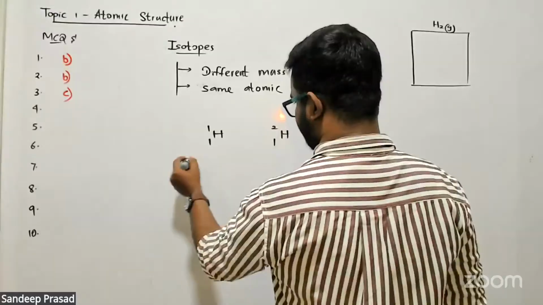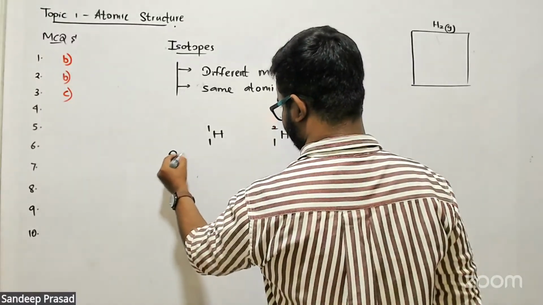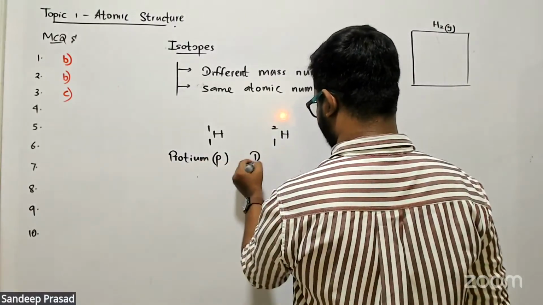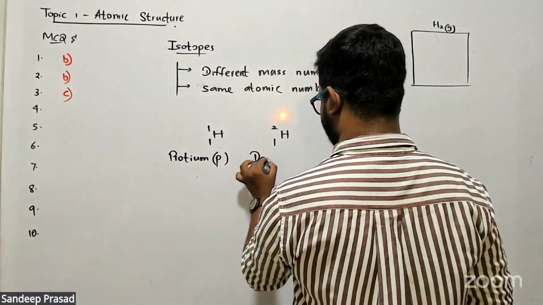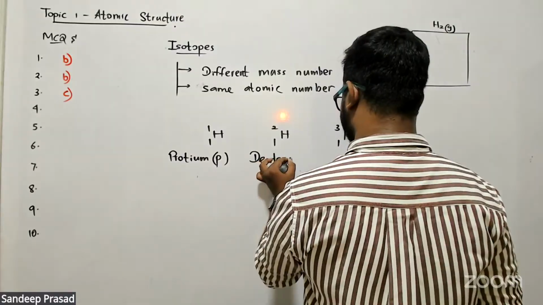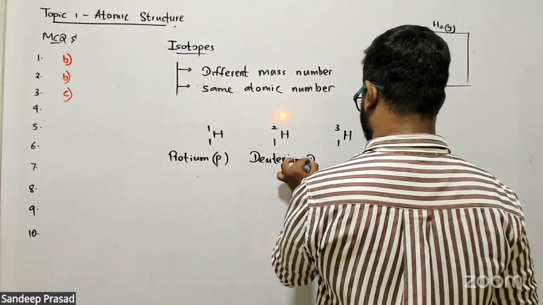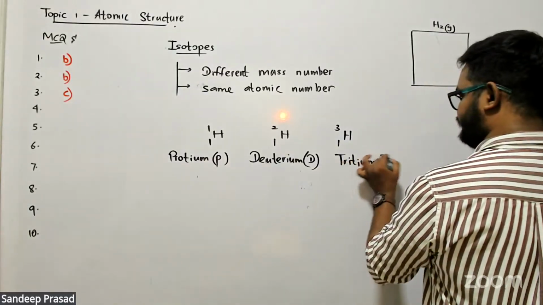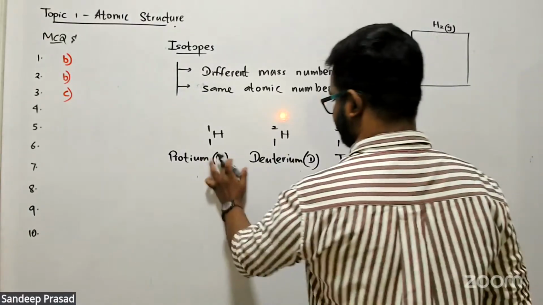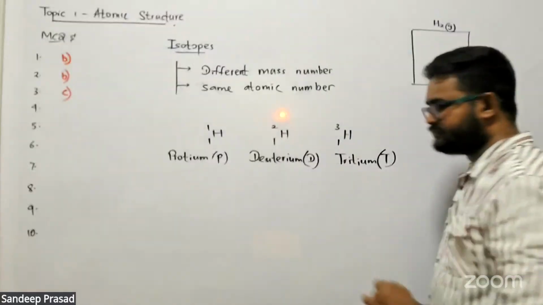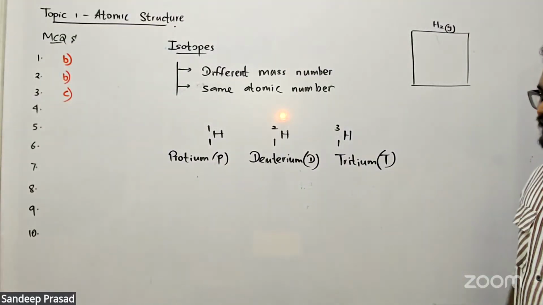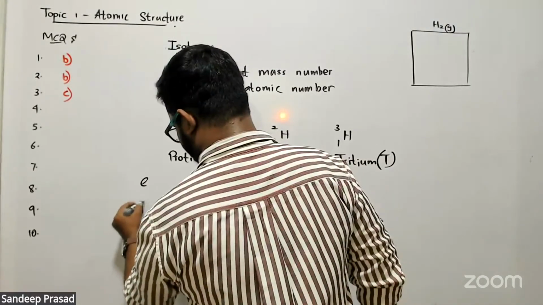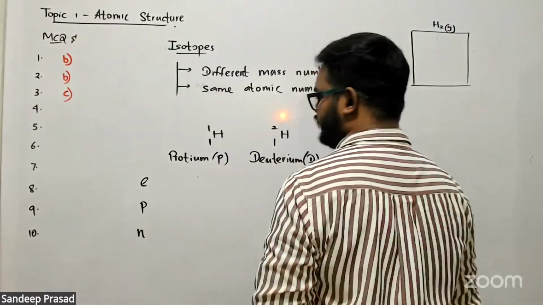So this is actually known as protium. Protium means P. Then deuterium, that is D. And the next one is tritium. Tritium means capital T. So what is the difference between these 3? Remember, electrons, protons, and neutrons.